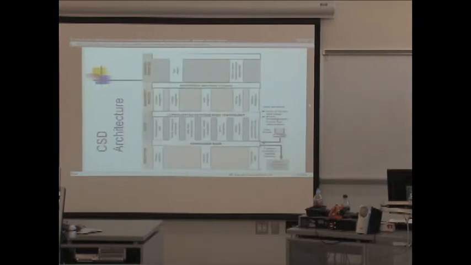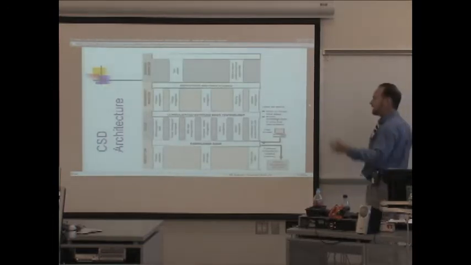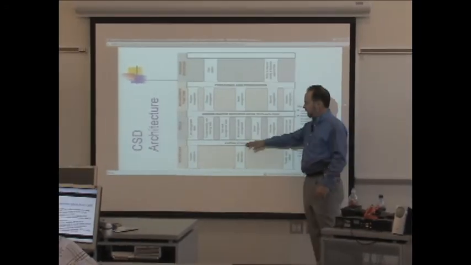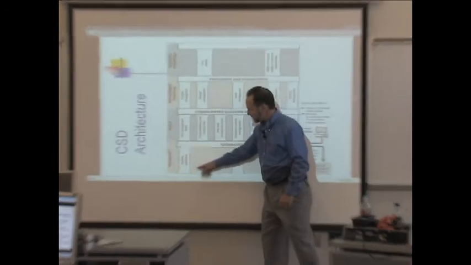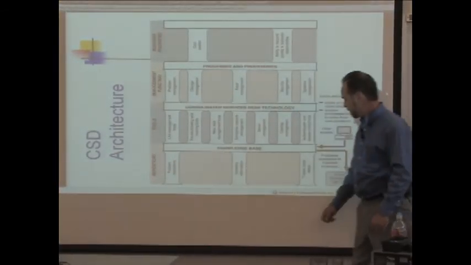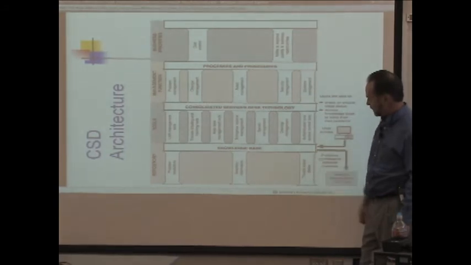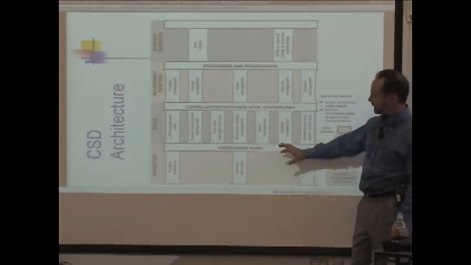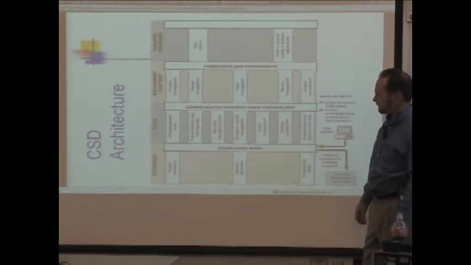So this is the CSD architecture. This is, again, bringing kind of everything all under one roof. Down here at the bottom is the knowledge base. So we have things like problem resolutions. We have our inventory information and all our trouble tickets and what their current status is. So that's all being stored in the database. That's all considered to be the knowledge base receptacle.